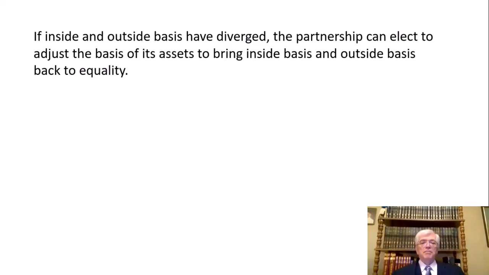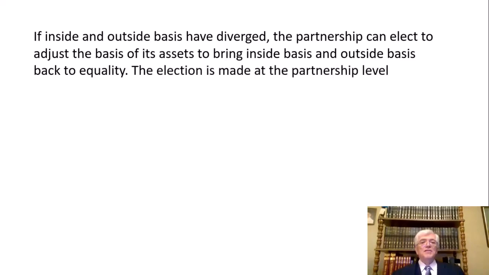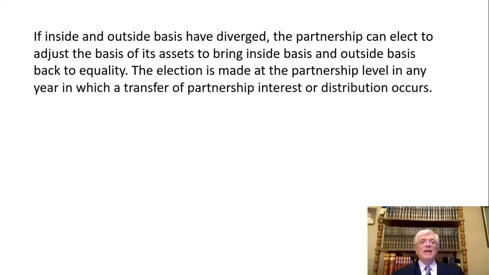So we didn't look at the asset side of the balance sheet for the AB and now the BC partnership, but obviously there were some undervalued assets or unstated goodwill if C was willing to purchase the interest for $45,000. So this election to adjust the basis is made at the partnership level. So it's a partnership election, not an election by the partners.